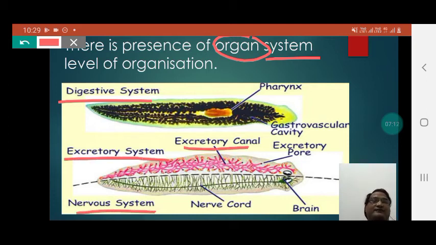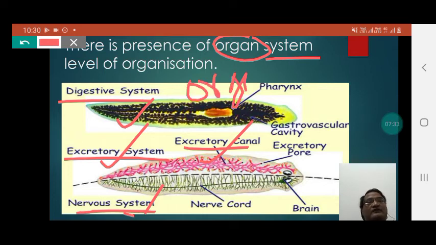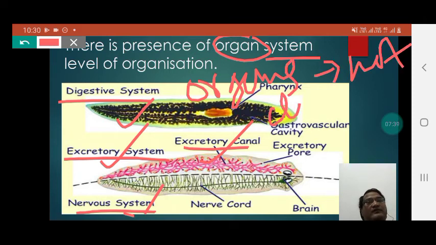These different types of systems show that there is presence of organs in the platyhelminth, although the organs are not very well developed.